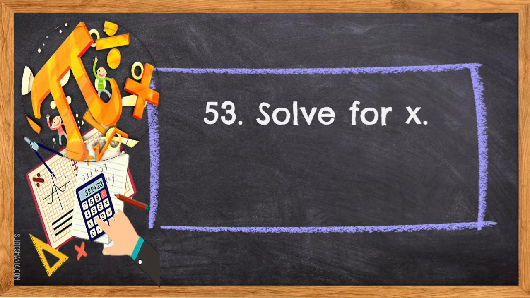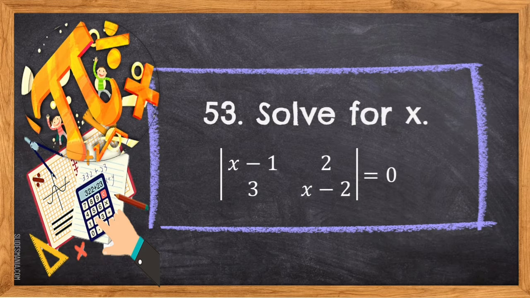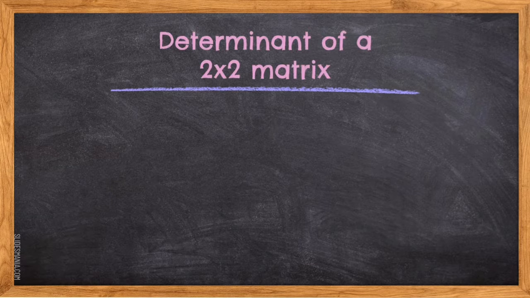In number 53, solve for x of the given determinant |x minus 1, 2; 3, x minus 2| is equal to 0. To solve for x, let's first define the two conditions that we will use in solving. First is the determinant of a 2 by 2 matrix.